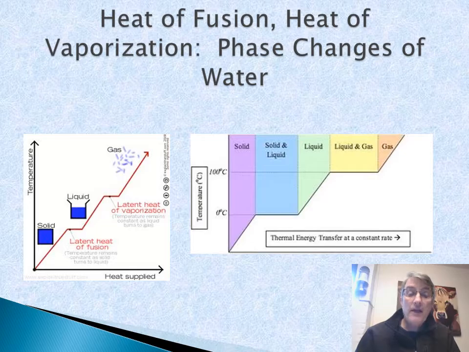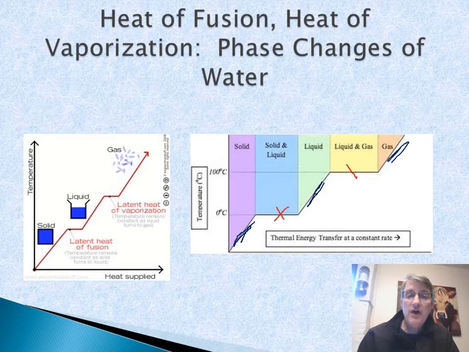I wanted to go back to the phase diagrams. That equation is only valid when we have only one state or one type of material. So that equation is only going to be valid for this part of the heating curve, or this part of the heating curve, or this part of the heating curve. That equation is not valid when we have a state change or a phase change.